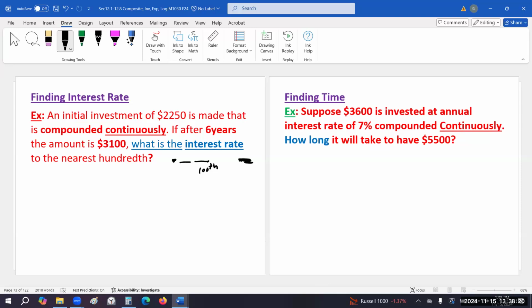Divide by 2, and then 6 comes down. Oh, wait, this is e and ln. Yeah, e and ln, that's a log.